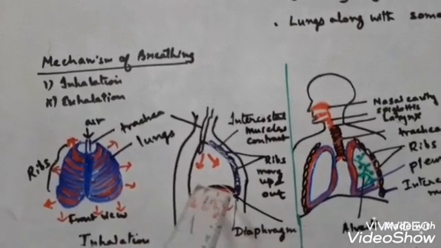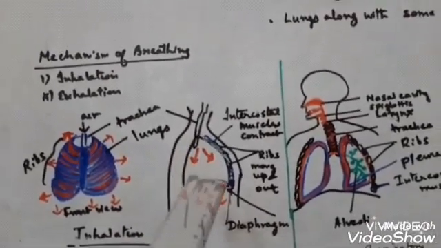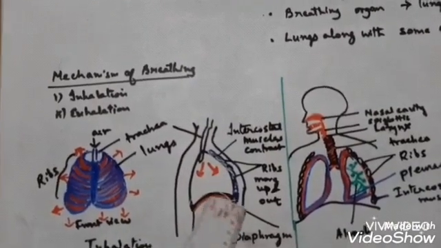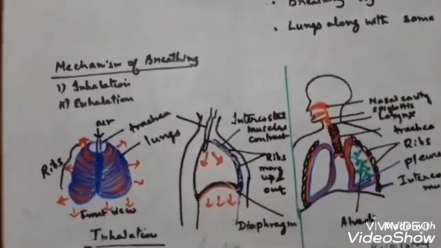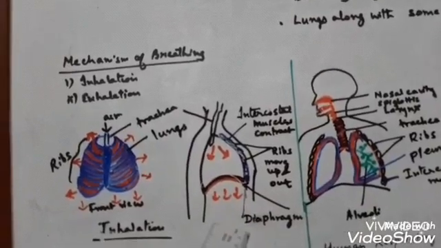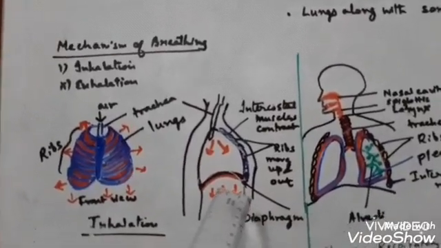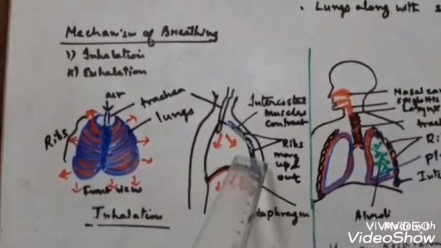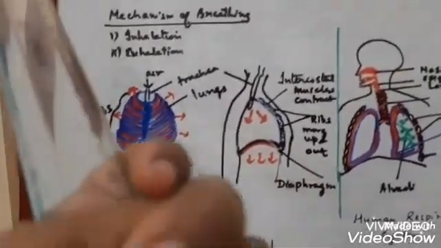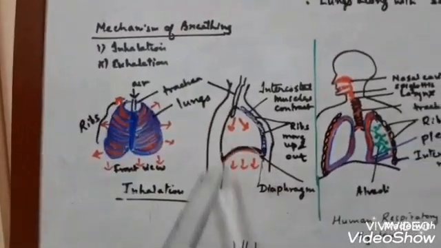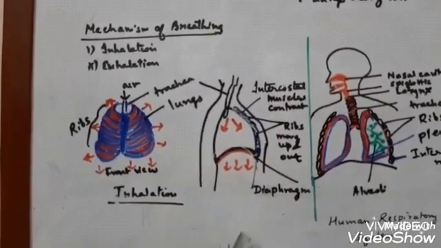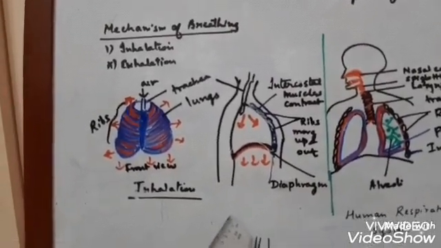Just listen properly: it is an active, energy-dependent process where the contraction of the diaphragm and the intercostal muscle is involved. As the diaphragm contracts and the intercostal muscle contracts, what will happen? The space in the thoracic cavity will increase, that is, the thoracic cavity will be expanded.